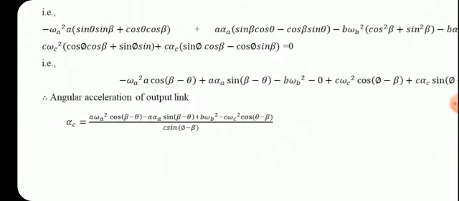Thus, in this equation, whatever the question they asked, all the values, angular acceleration of the output link, coupler link, angular velocity of the coupler link, all these things are calculated as per the derivations.